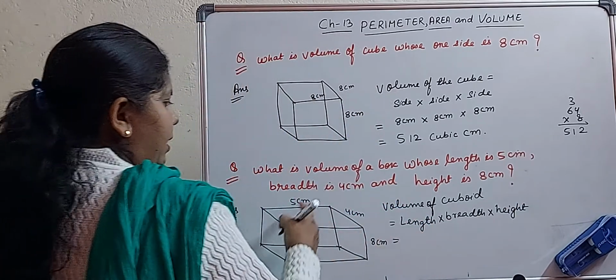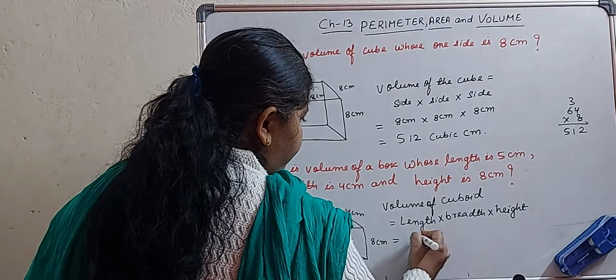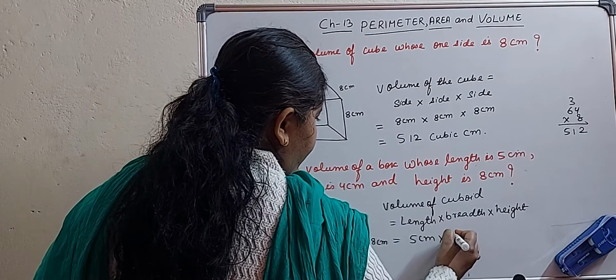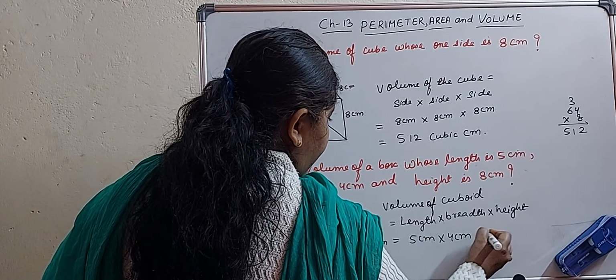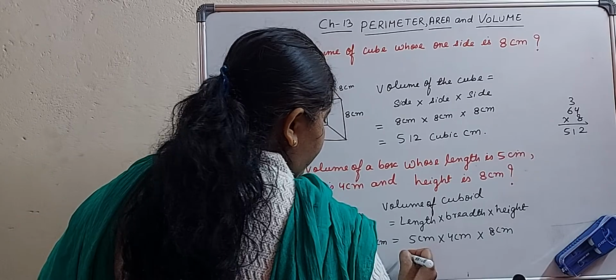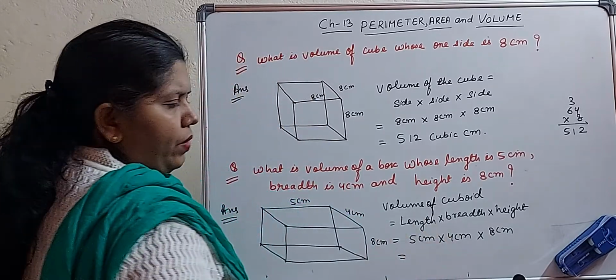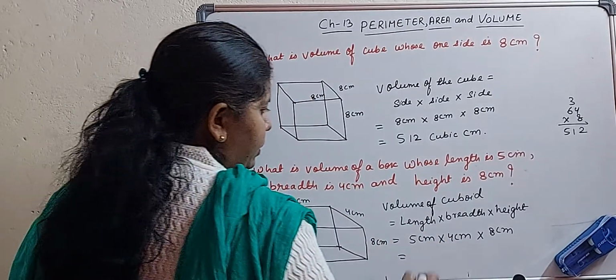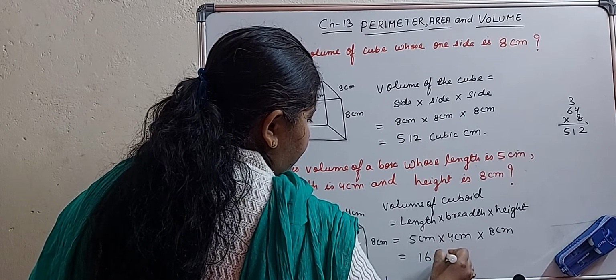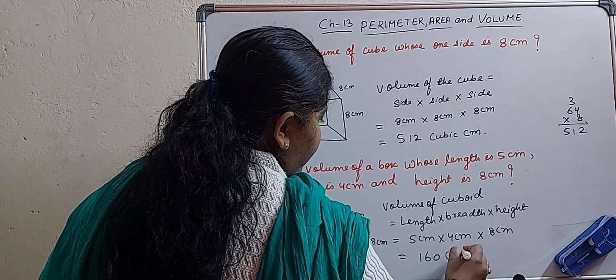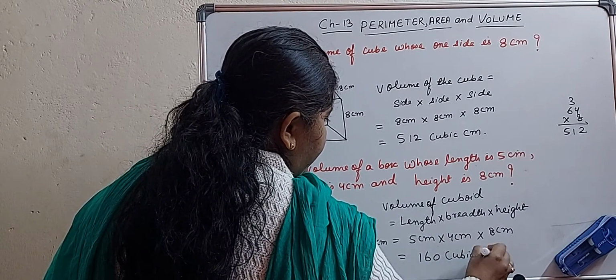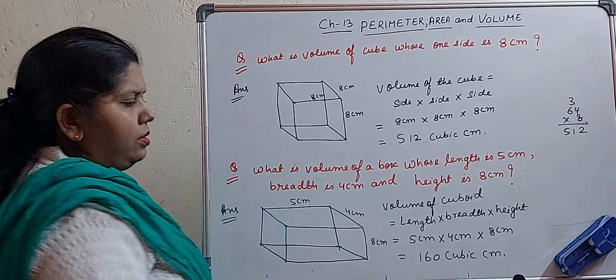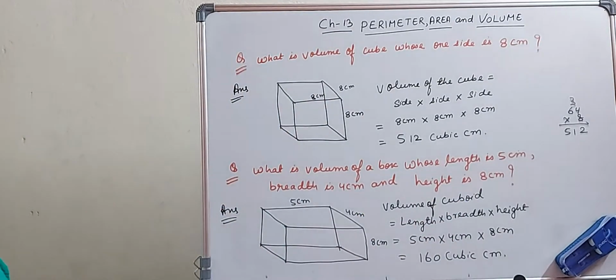The length is 5 centimeter, breadth is 4 centimeter and height is 8 centimeter. 5 4s are 20 and 20 into 8 is how much? 160. So 160 cubic centimeter. This is our required answer.